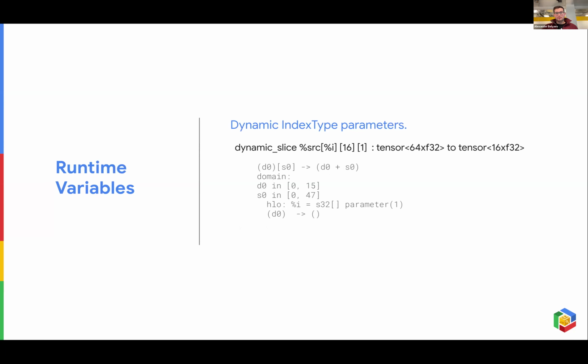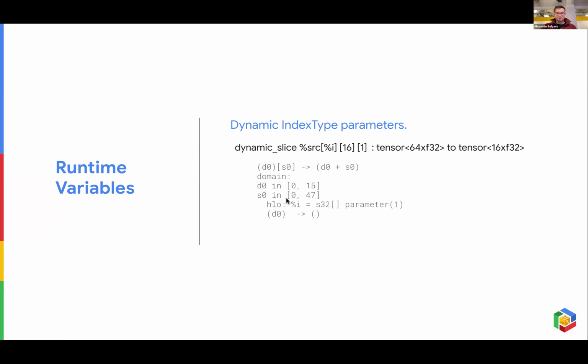Also, we have runtime variables. Sometimes there are operations like dynamic update slice or gather where the indexing depends on the runtime value of some indices. For example, take a dynamic slice with a dynamic offset, because in HLO all the shapes are static, but the offset of a dynamic slice can be dynamic. So we get D0 that spans the dimension of the output because it's a tensor of 16 elements.